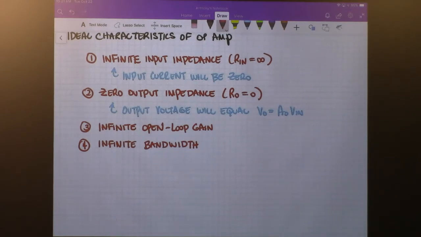So bandwidth is the range over which the device operates in a certain way. And so infinite bandwidth just means that it works the same regardless of what the frequency of the input is, going all the way from DC to infinitely high frequencies. That's not the way real amplifiers work. Real amplifiers do have a frequency response, and so you have to be cognizant of that when you create a design.